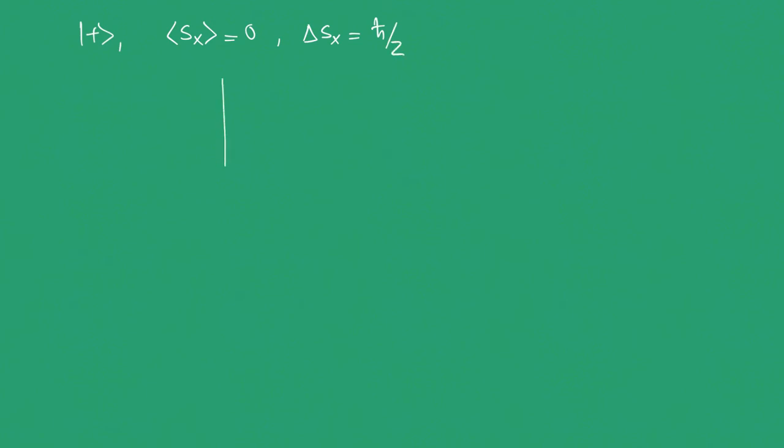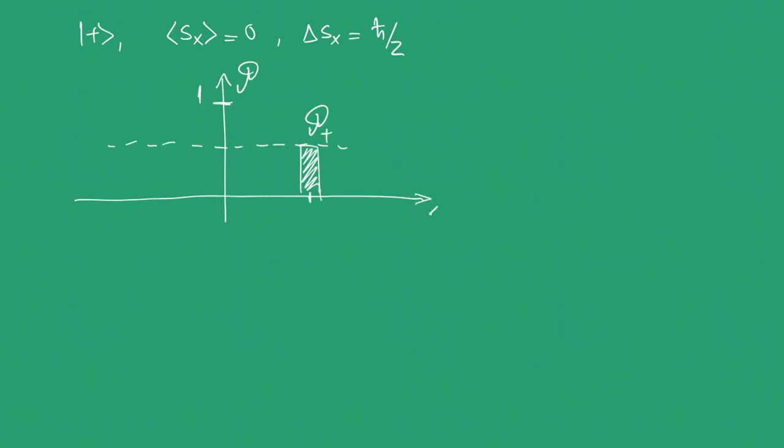Then the histogram will be something like this. Through this histogram we can confirm what we found before in the previous video, the expectation value, because there are two possibilities for the measurement: we can get minus h bar over 2 and plus h bar over 2.